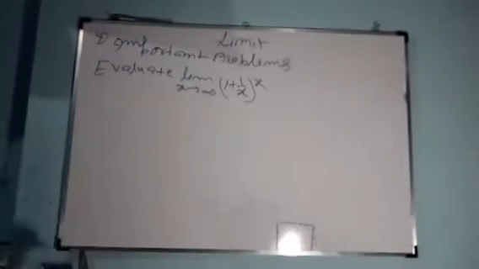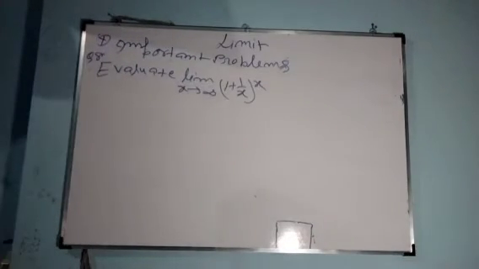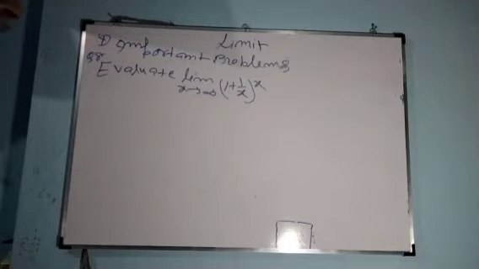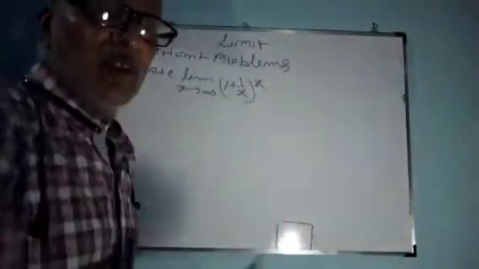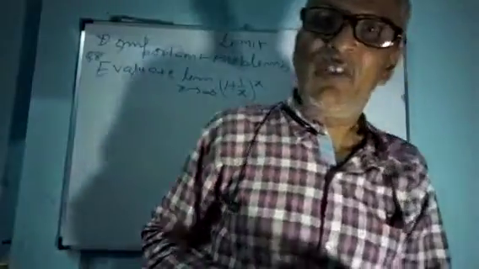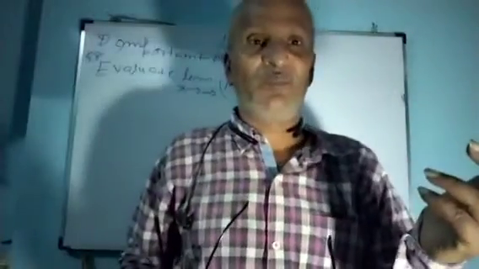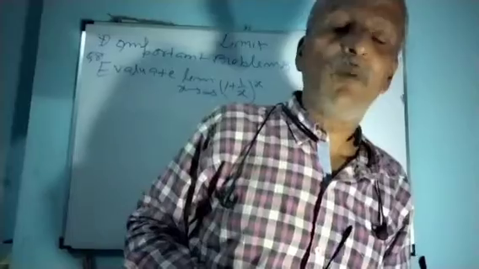Next problem, question number 8. Here we see that at x equal to infinity, the function takes the form 1 to the power infinity. I have already told you in previous video, in this situation, we use logarithm first, and then we obtain the limiting value of the function. Let us see.